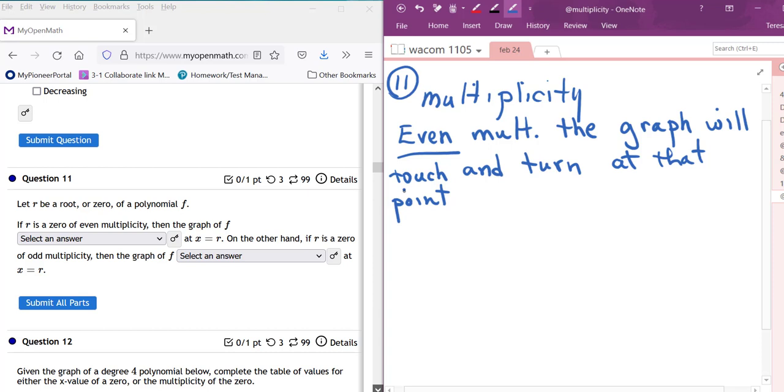On the other hand, if R is a zero of odd multiplicity, the graph will cross the x-axis. It will go through it.